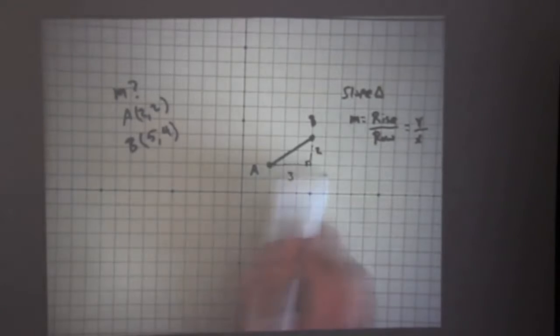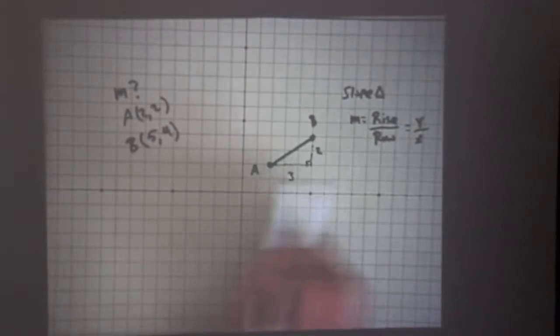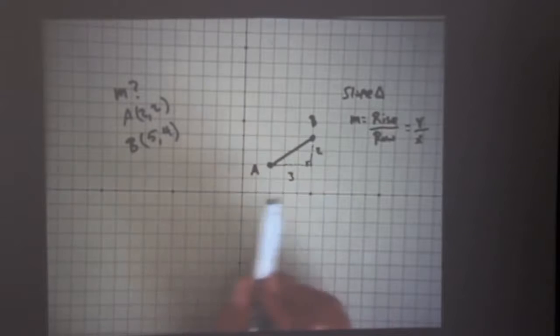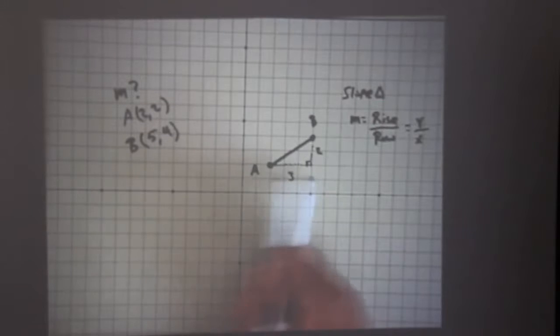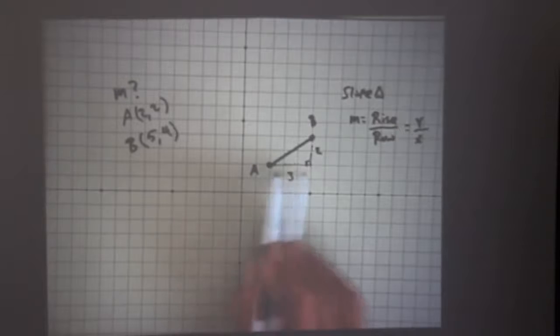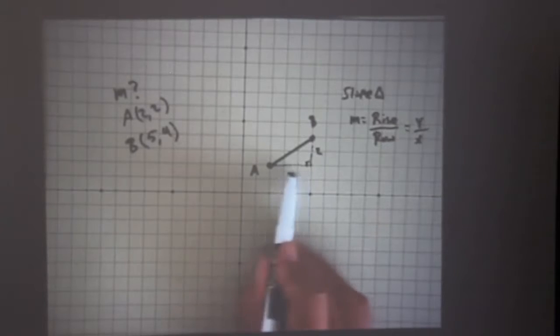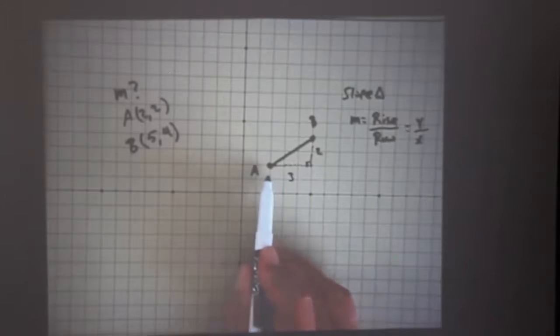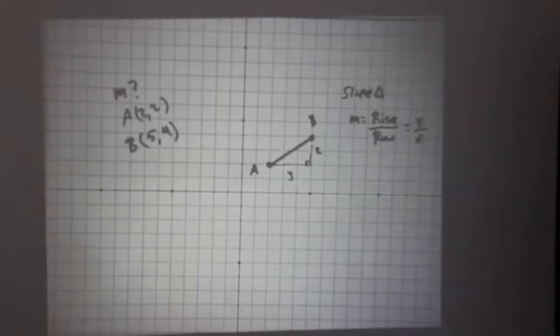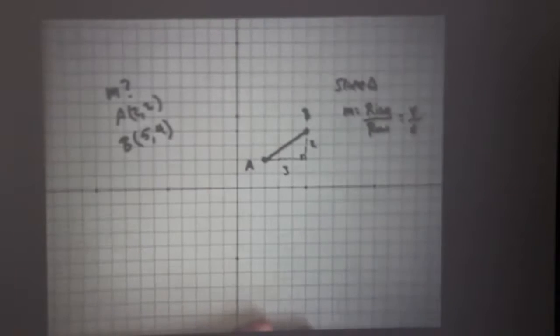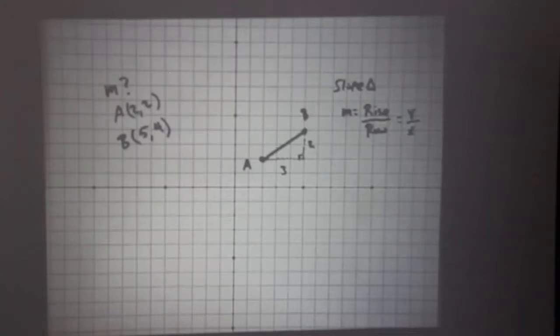Run means the distance going horizontally. How far is the run? A run of carpet. A run is the distance this way, horizontally. And anytime we measure things horizontally, it's always with respect to the x-axis. Therefore, over x. Y over x. Gotta burn that into your memory. It's not x over y. No, it's y is on top, x is on the bottom.